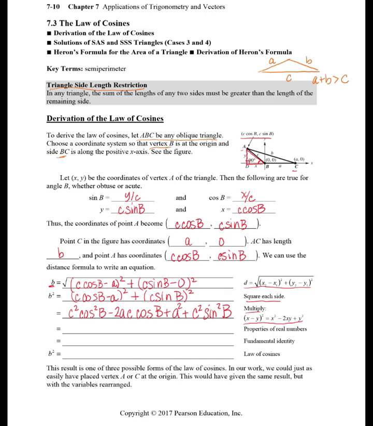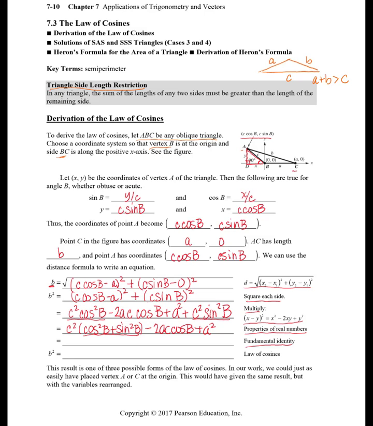The next step, using the properties of real numbers, I'm going to get the c squared terms together and factor out the c squared. Bringing down the rest of the terms, the fundamental identity, well, that's the Pythagorean identity that we're using here.